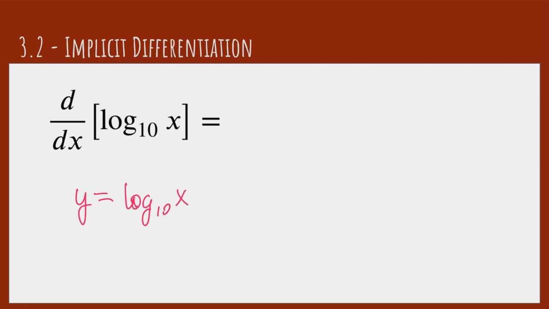So there's a rule for logs that's called the change of base rule that says that if we have a log of any base and we want to write that log in terms of another base, in this case, I want to use natural logs because we know how to take derivatives with natural logs. So a log of any base of some number is going to be the log of any base that we want.